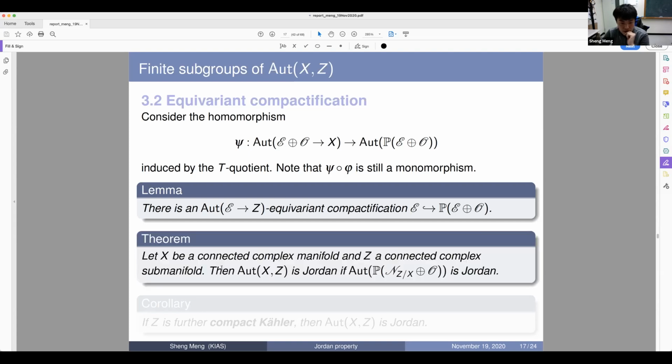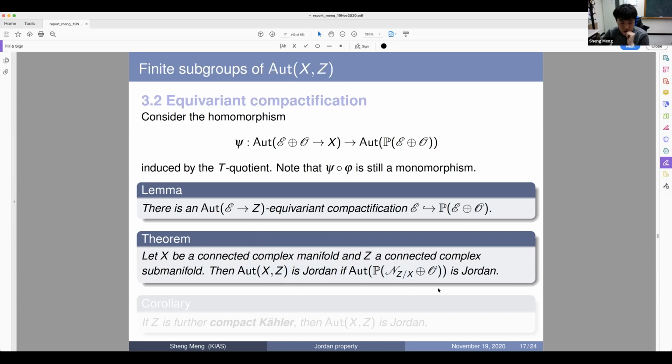Okay, then we have the following result. So recall our setting. X is a connected complex manifold, Z a connected complex submanifold, and Aut(X,Z) is Jordan. To show this is a Jordan group, it suffices to show that after projectivization, this projective bundle has Jordan automorphism group.